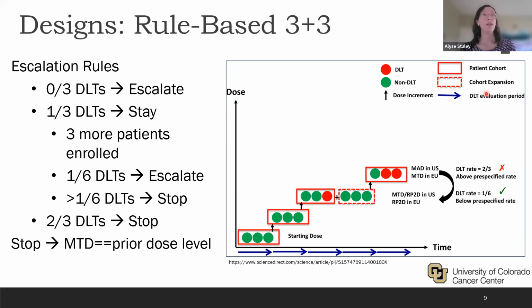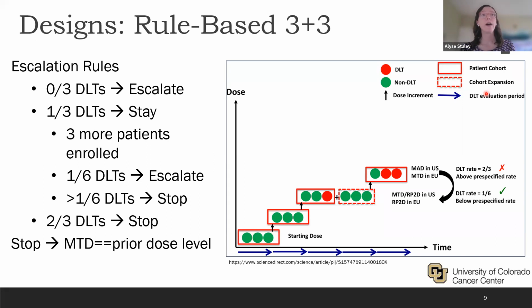If none of those 3 patients experience a DLT, then the next 3 patients will be escalated to the next higher dose. If 1 out of 3 patients experiences a DLT, then 3 additional patients will be enrolled at the same dose, and we'll use the information from all 6 patients to decide whether to escalate the next cohort of patients or to stop the trial.